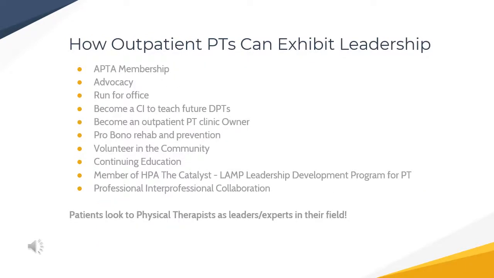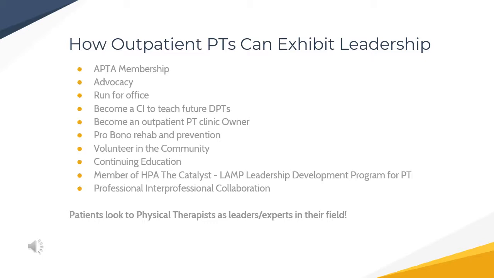Outpatient PTs can exhibit leadership by keeping up with their APTA membership, advocating for outpatient physical therapy and the profession as a whole, run for office, become a CI to teach future DPTs about outpatient PT, become a clinic owner, participate in pro bono and volunteer work, take continuing education courses to keep up their skills and learn the best evidence out there, complete the LAMP Leadership and Professional Development course series offered by the APTA, and develop and maintain professional interprofessional collaboration with physicians, OT, and other health professions.